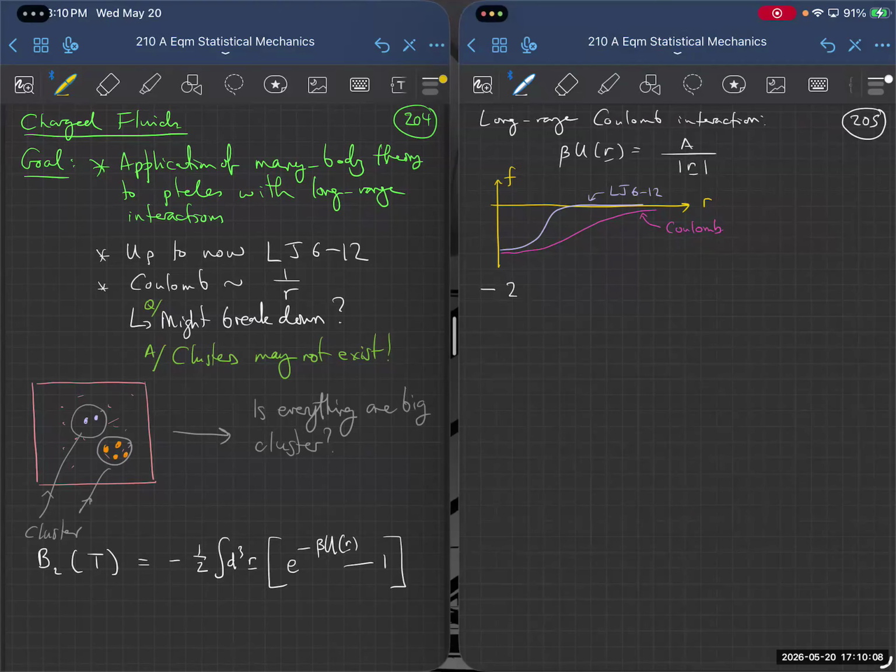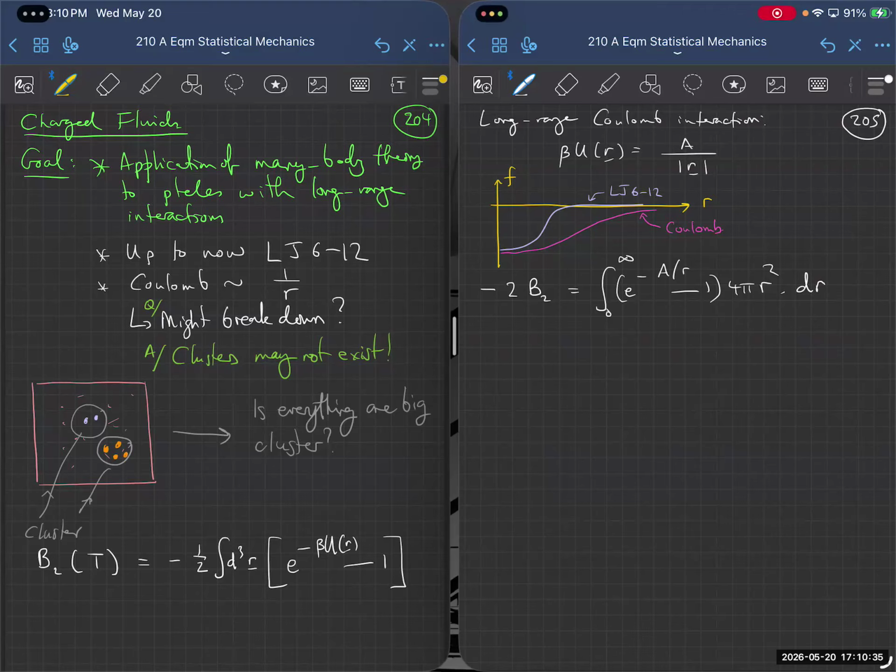So I write down minus 2 B2 of T. That is the integral from 0 to infinity of e to the minus a over r, minus 1, times 4 pi r squared dr. So that's doing the integral to compute the second virial coefficient.